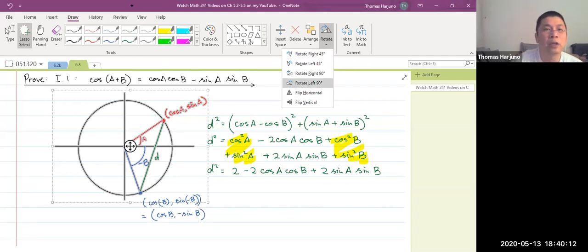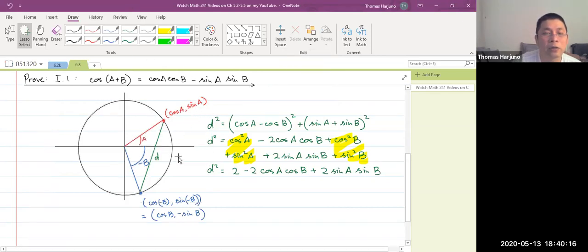Imagine the following. I will rotate this graph here in the way that this point here goes to the x-axis. I will rotate it such that it goes to the x-axis.